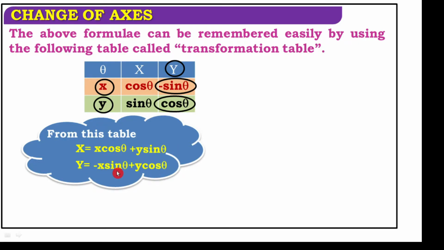Capital Y equals x into minus sin theta plus y into cos theta, so Y equals minus x sin theta plus y cos theta. Like this, we can remember the four formulas of small x, small y and capital X, capital Y.